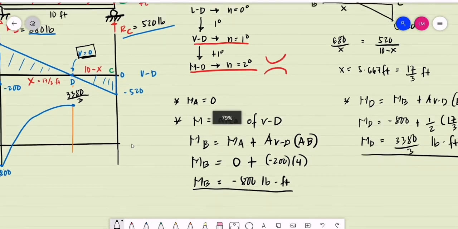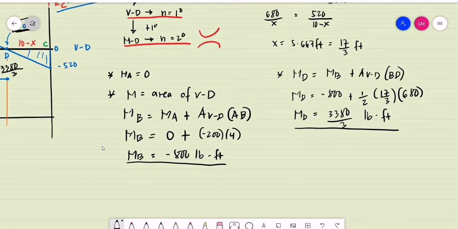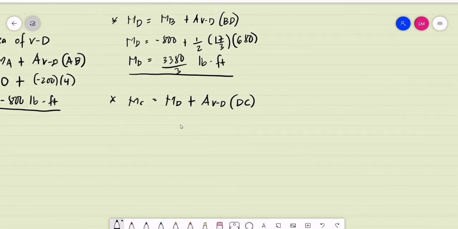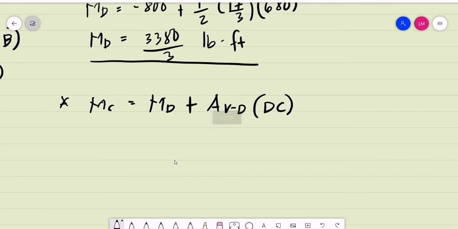And then lastly, at point C, how do we compute for the moment at point C? Our previous point is D. That is the moment at D, plus the area of the shear diagram for the span from point D to point C. What is our previous moment? The moment at D is 3,380 over 3.